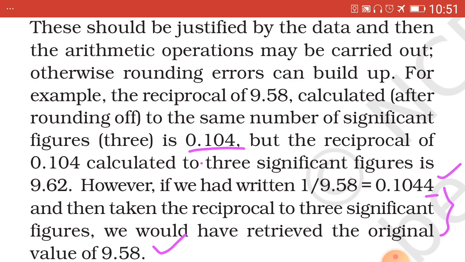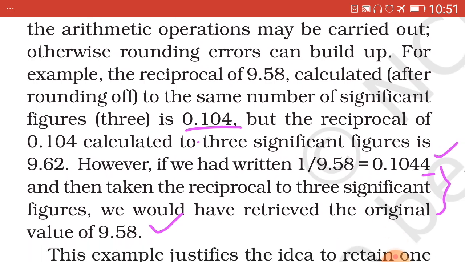We are not considering the one more significant figure while taking the reciprocal, that is 1 upon 9.58. Then if we take the answer as 0.104 and again we take 1 upon 0.104, it will lead to 9.62, which won't match exactly with our number 9.58.